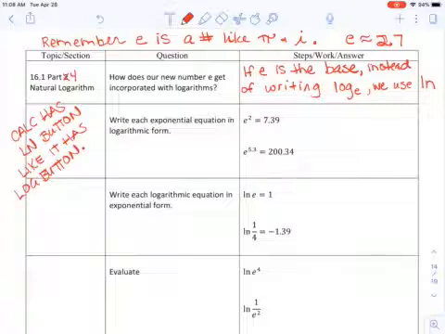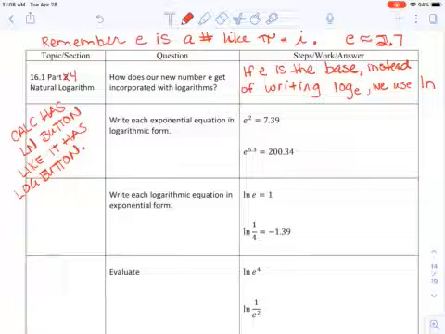work. We're going to continue on today with natural logs. Basically, natural logs are if our base is e. Remember, e is a number, just like we had pi or i were numbers, and e is approximately 2.7.